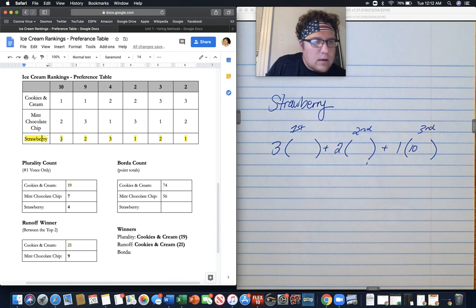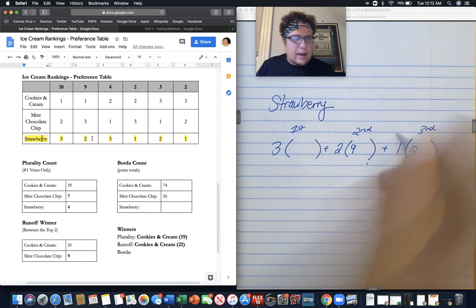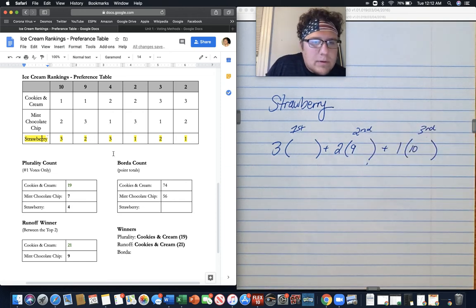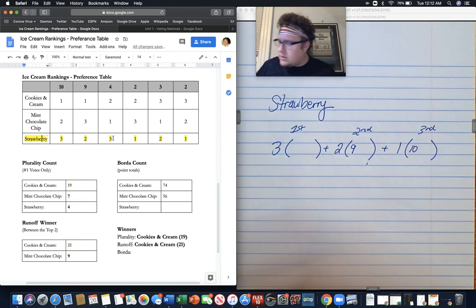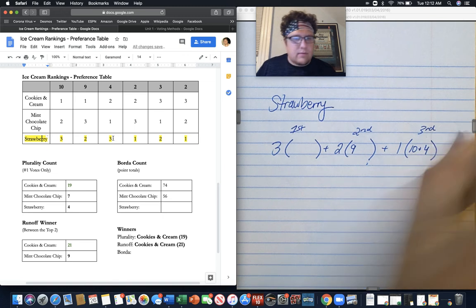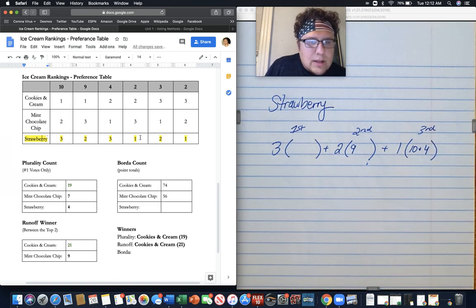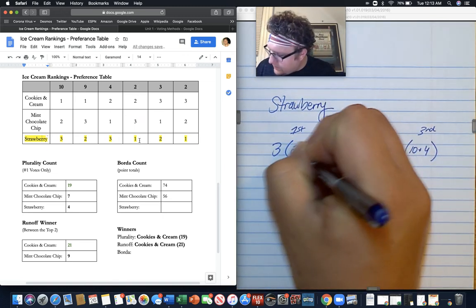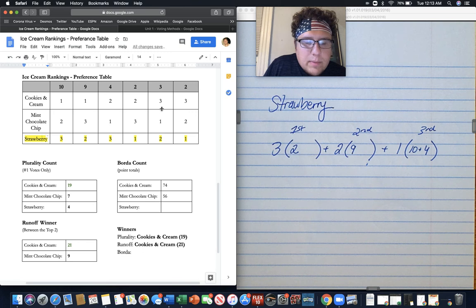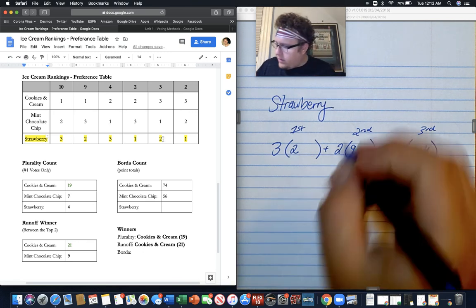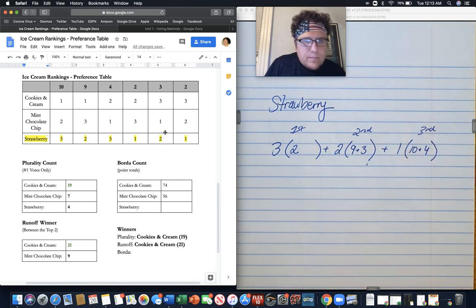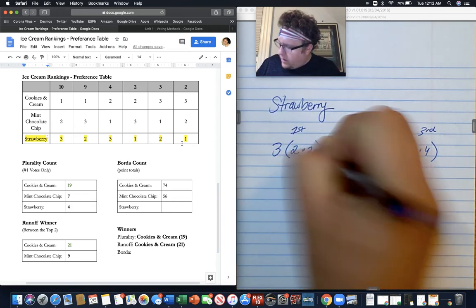So 10 for third place votes. Then 9 people said Strawberry was their second. So we're going to give 9 there. 4 people said it was their least favorite. So there's another 4 for least favorite. And then 2 said it was their favorite. 3 people said it was their second favorite. And 2 people said Strawberry was their number 1.